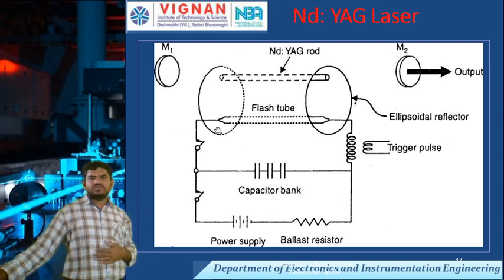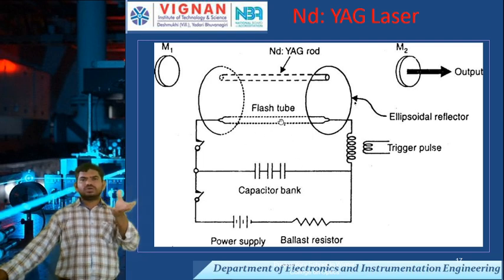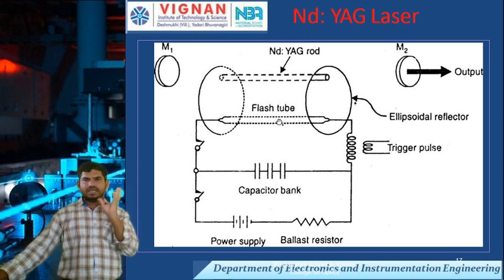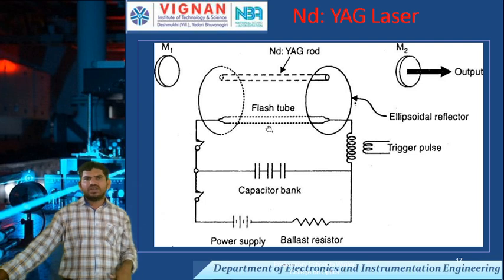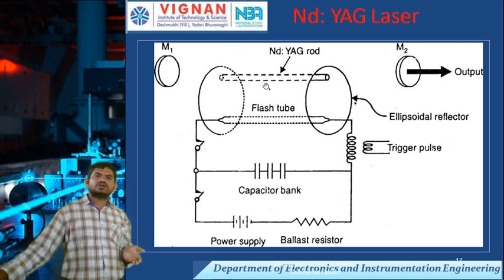it emits some light energy, and that reflection goes to the Nd:YAG rod. Due to that, the Nd and YAG atoms move from one end of the rod to the other.